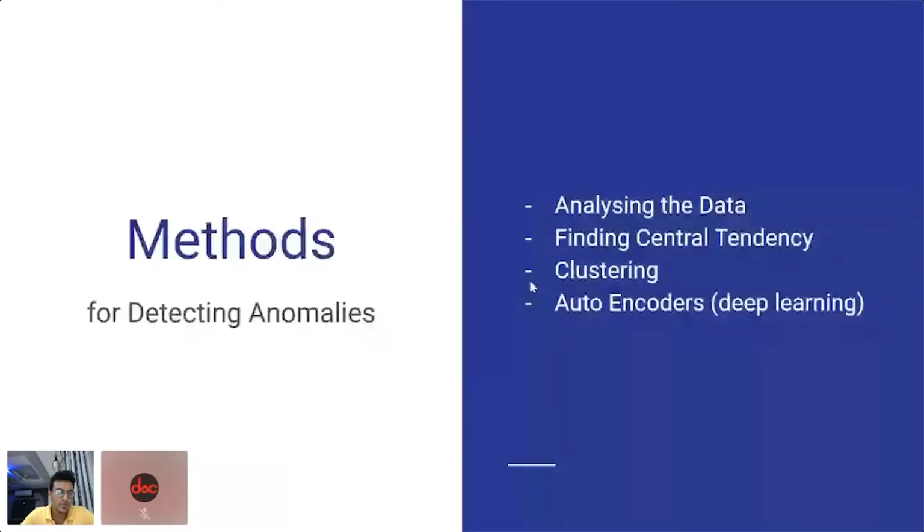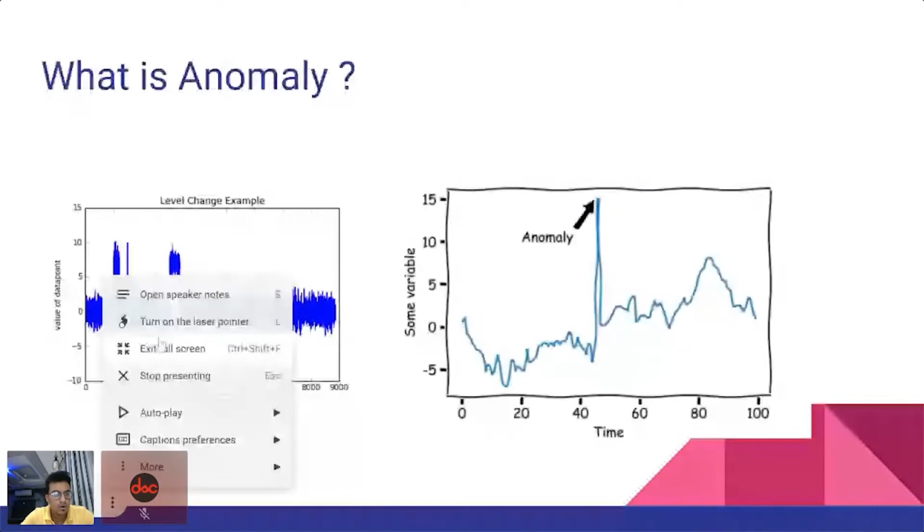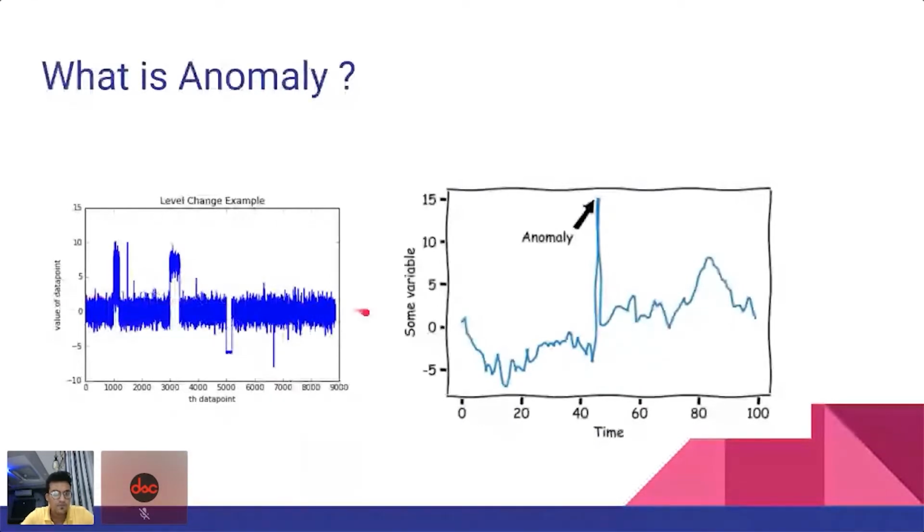So for example, if you look at this data set, most of the data points belong in the center, right? And if we calculate the mean or the median of this particular distribution, it will definitely pass through the middle line here.